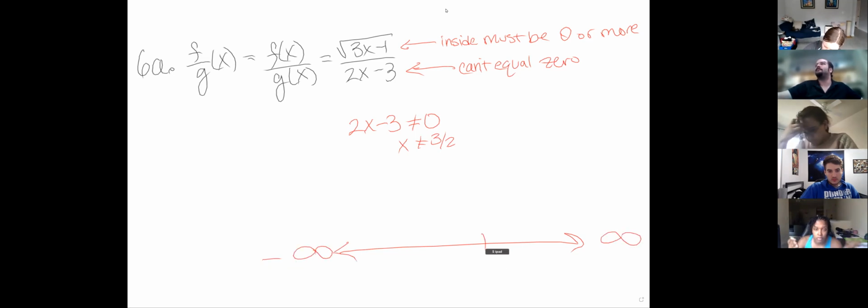All right, so I'll draw that on my number line and just put a stop sign there because I know we can't have that. And then we have to do the inside of the square root must be 0 or more. So 3x minus 1 is greater than or equal to 0. It has to be 0 or more. So we have to solve that one.